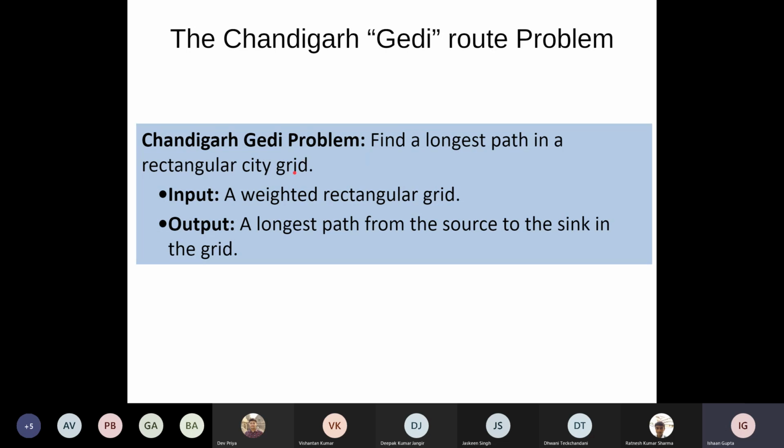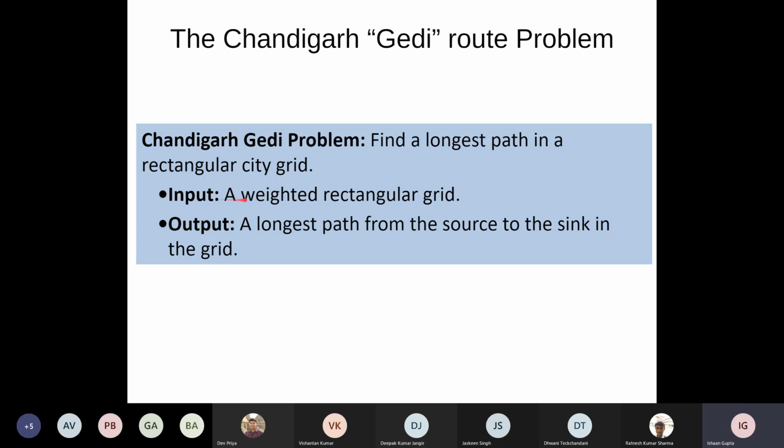While you are on this path, you would want to see maximum sights, and you want to eat somewhere and things like that. So that's what I sort of call the Chandigarh Gedi route problem. Gedi essentially means that you are going in a car and going around the city, wasting time.